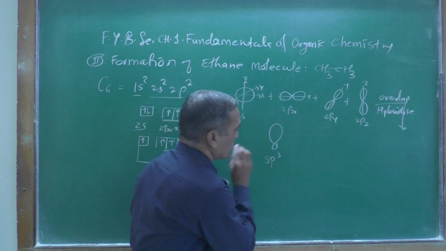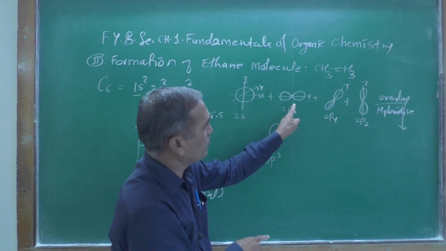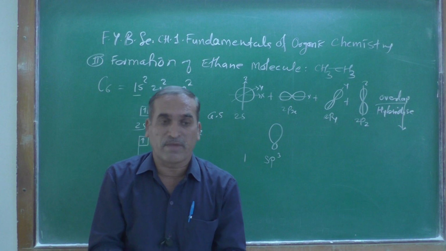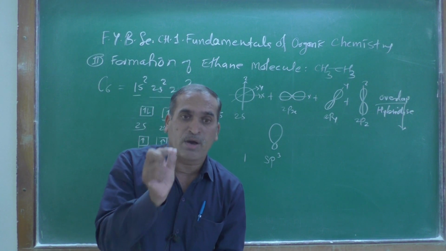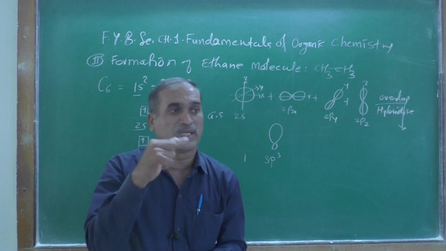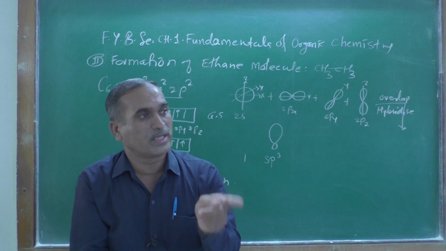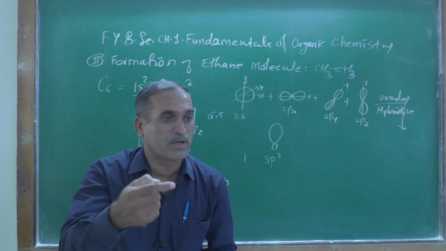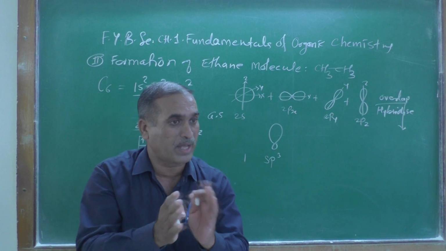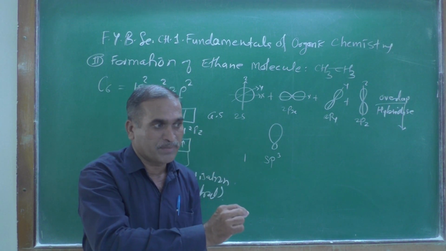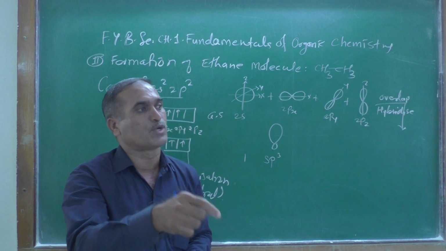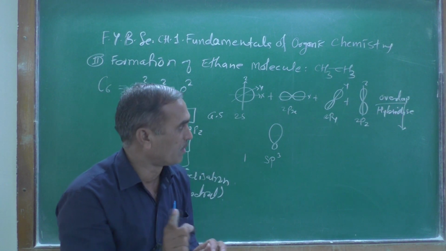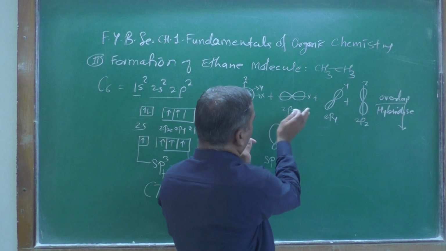Only one sp3 orbital is shown, but there are 4 atomic orbitals, and always remember, the number of atomic orbitals involved in the hybridization is equal to the number of hybrid orbitals obtained.